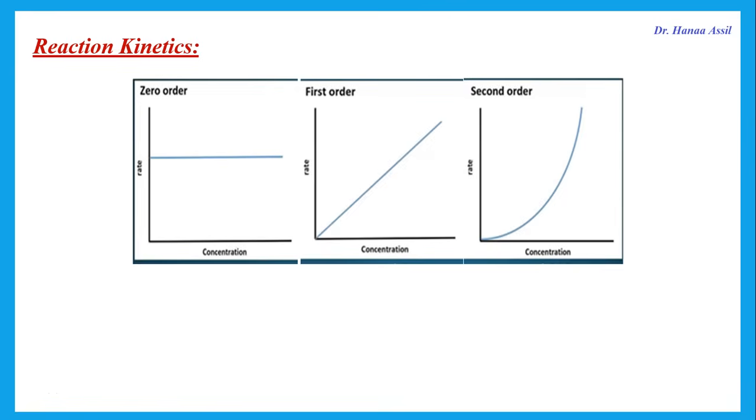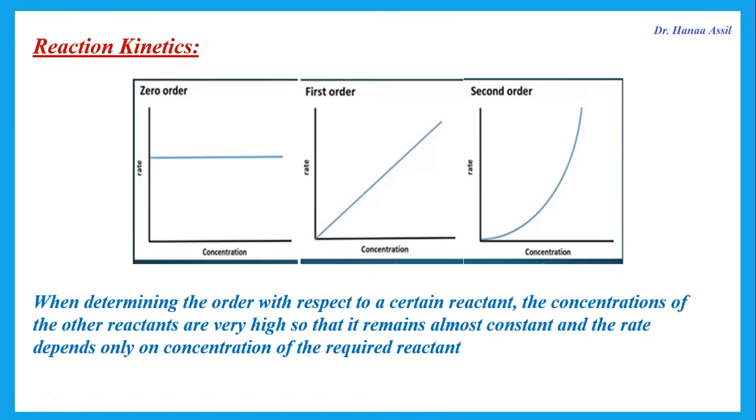Reaction kinetics, remember, you should know these. If we draw graphs of rate versus concentration, then if the graph has a horizontal line, it's not affected, the rate is not affected by concentration, this is 0 order. If it is directly proportional, then it's first order, and if it has that kind of graph, it is second order.